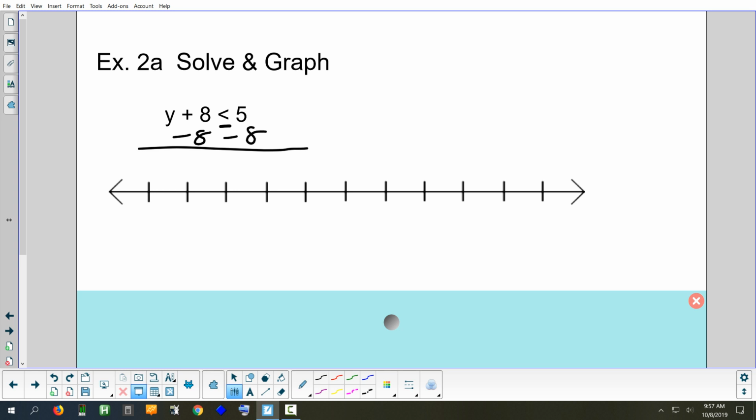Let's see, Julia, what's negative 8 plus 8? 0. That's gone. So now we have y. And then how about Adriana, what's 5 minus 8? Negative 3.